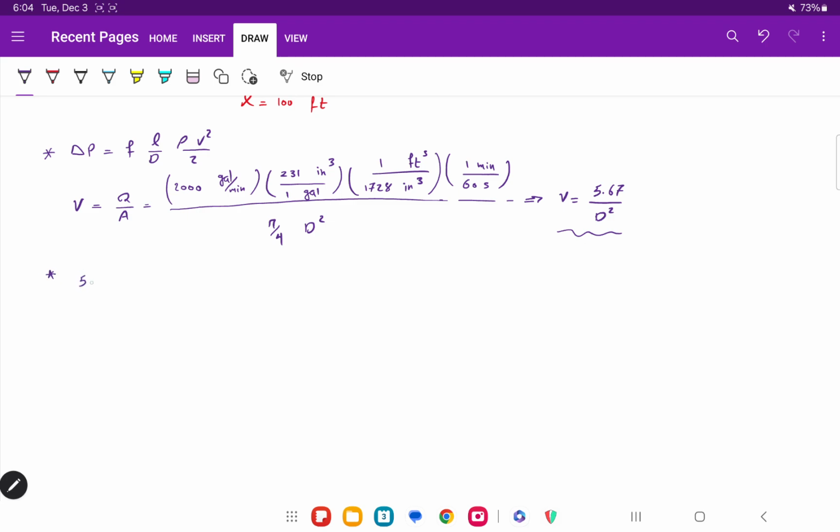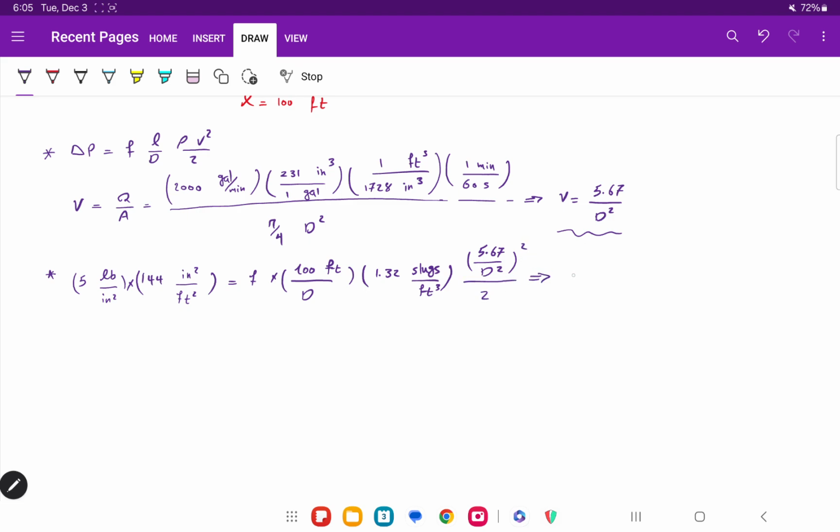So delta P, 5 psi, pounds per inches square, times 144 inches square over feet square, equals f, which you don't have, times length of the tube 100 feet, over diameter of the tube, times density 1.32 slugs per cubic feet, times V square over 2, so 5.67 over d square, divided by 2.